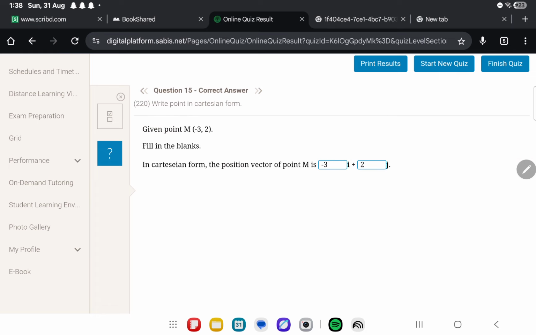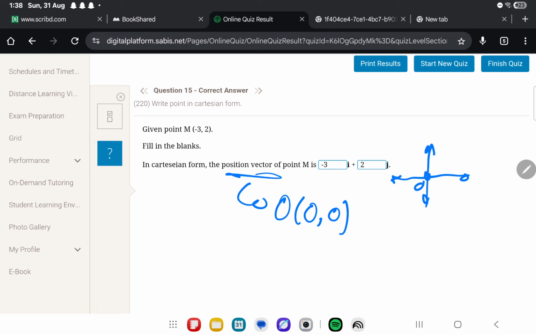Given the, okay, position vector. Position vector means you're starting from the origin which is 0, 0. Remember on the graph, you have the origin here, which is this point. So like this, and then negative 3 and 2. So let's say negative 3 is here, then 2 is up here.